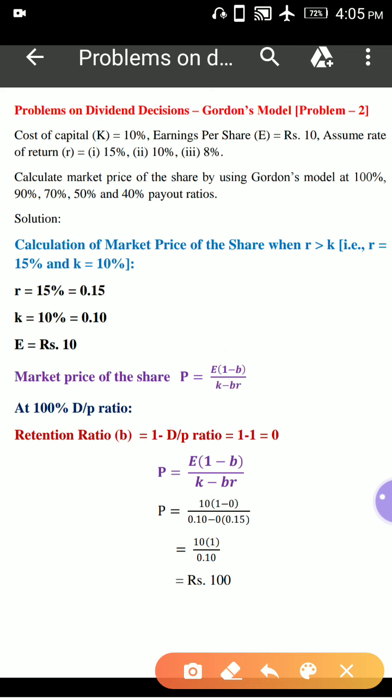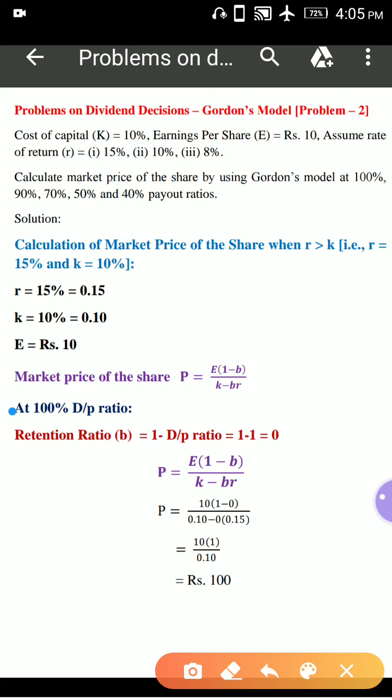Now see here, at 100% dividend payout ratio, we are going to calculate the market price of the share when R is greater than K. In this, R is 0.15, K is 0.10 and E is rupees 10. The retention ratios are not given directly in the problem.